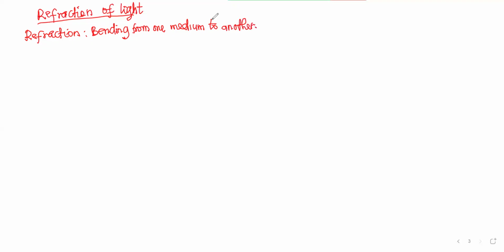Yes, can we also explain refraction of light differently apart from bending? Apart from bending, can we also define refraction of light in a different way? Yes, Ablina.